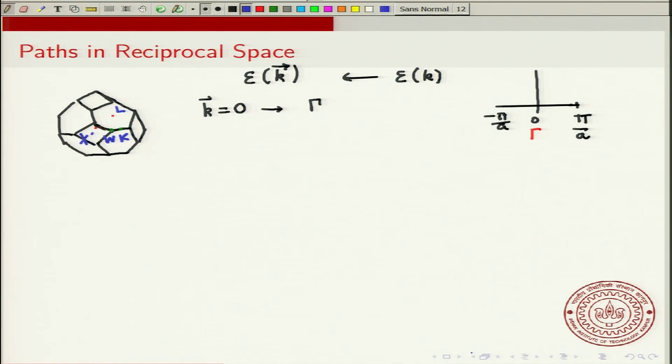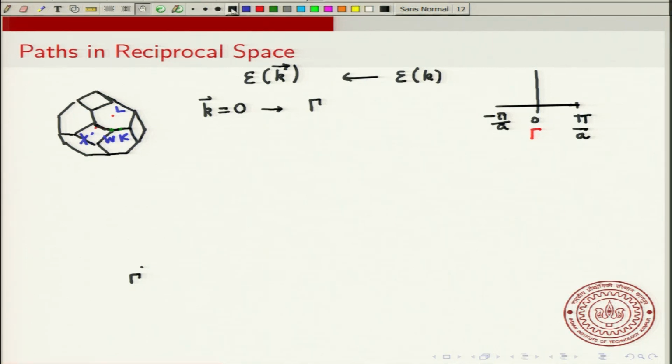And so when you show the band structure, what is done is you typically show from the gamma point. You construct a path in reciprocal space, and the path in reciprocal space will tell you in which way you will show the bands. So here in the 1D case you just went from minus pi by a to plus pi by a.